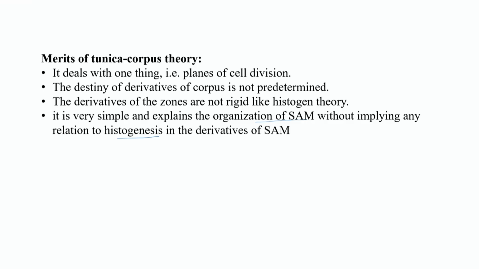This is one of the advantages of tunica corpus theory, and in many plant types this theory is used to explain the organization of shoot apical meristem. That's why, when we were discussing shoot apical meristem, we tried to understand the organization of those layers on the basis of this theory only.